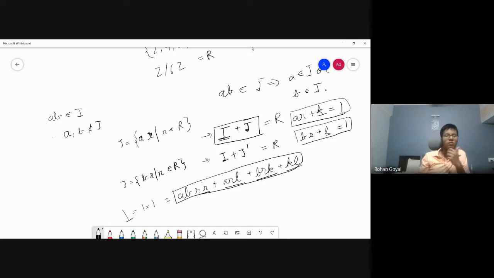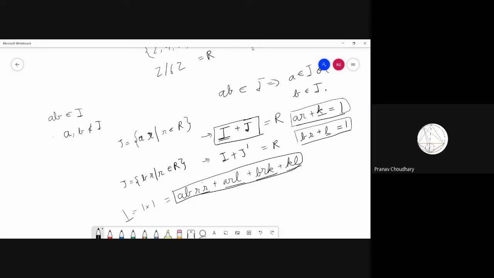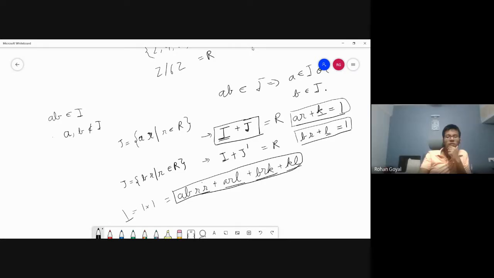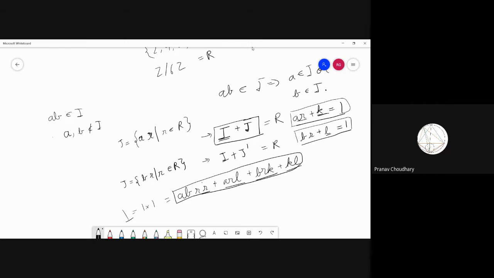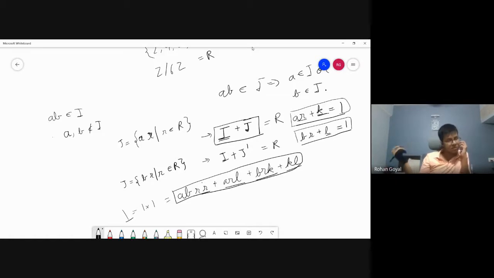By definition of K and L, we said I plus J equal R. So there is some K and some AR such that AR plus K is equal to 1. So when you are saying I, you refer to I plus J this time? No, I refer to I when I say I.